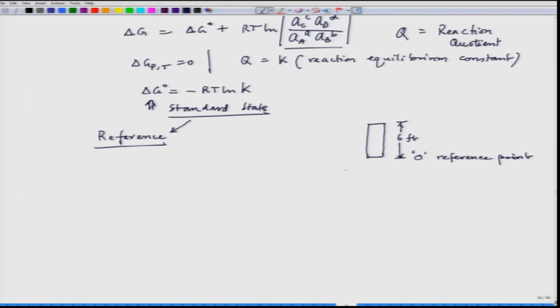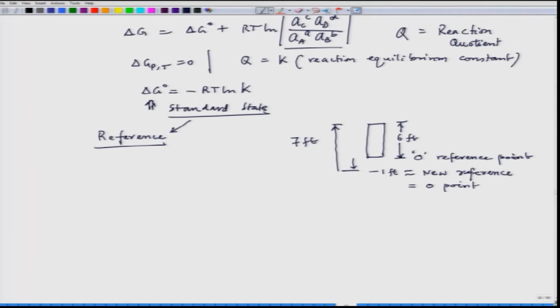Let us say I take the reference point to be -1. So, this -1 feet, which is going downwards, is my new 0, new reference. Now the height becomes 7 feet, but is that the actual length of this object 7 feet? No, it is 6 feet.